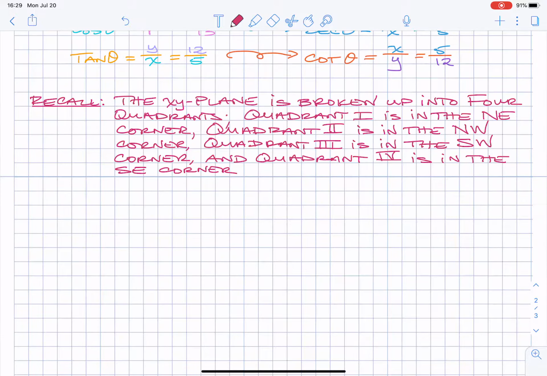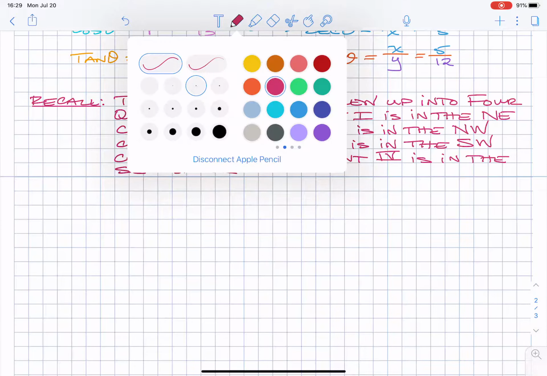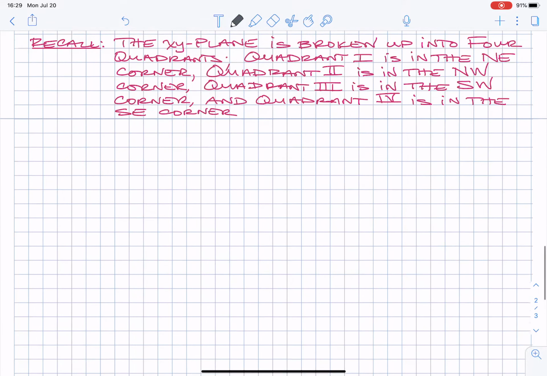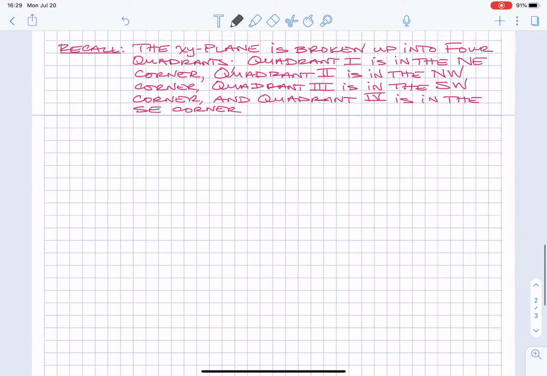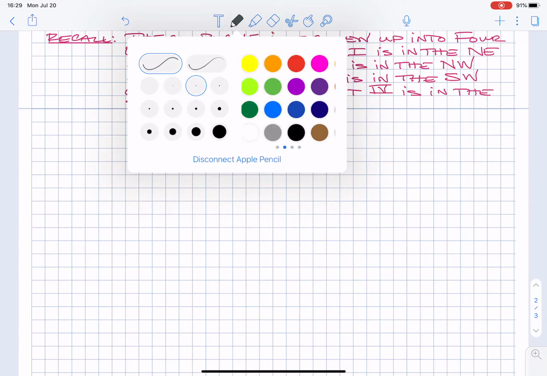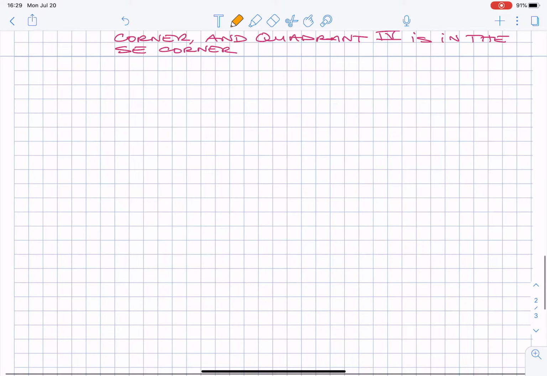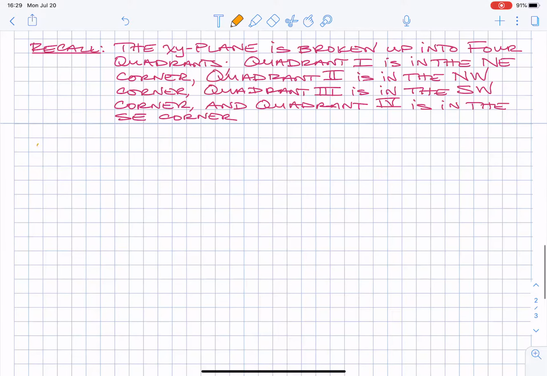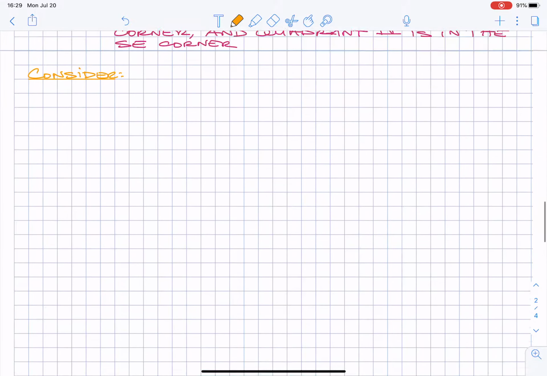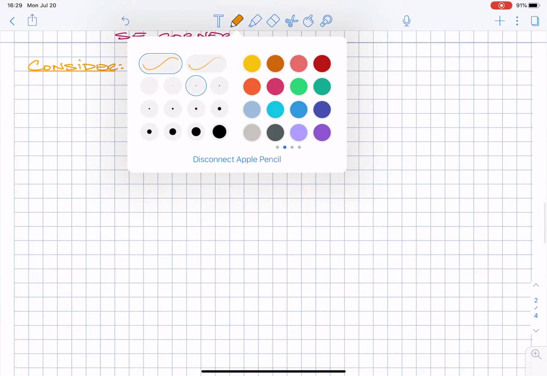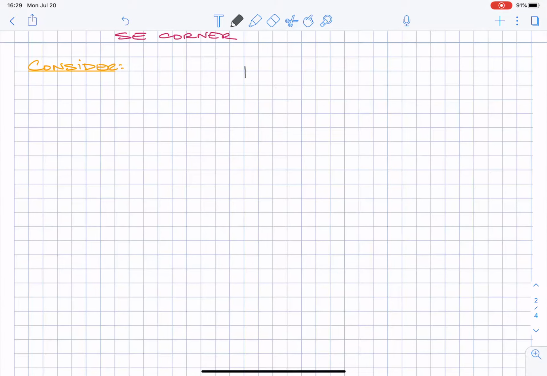Okay, before I do an example, I want to consider X and Y coordinate axes.